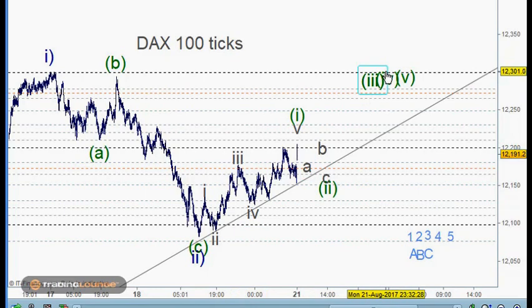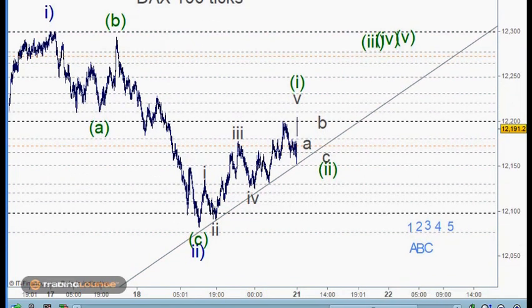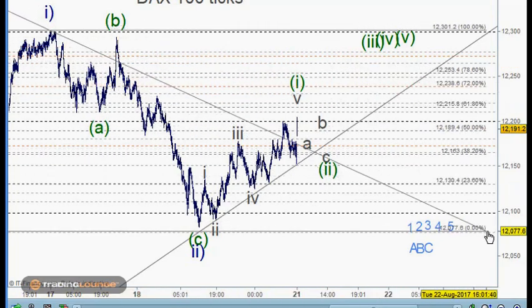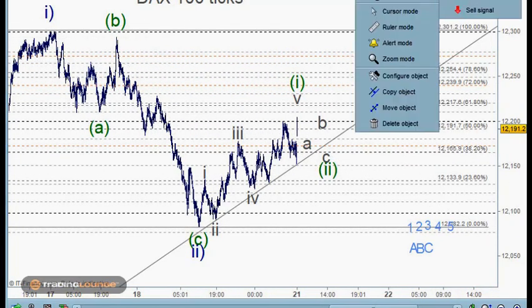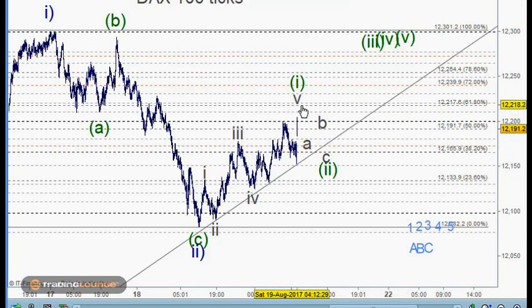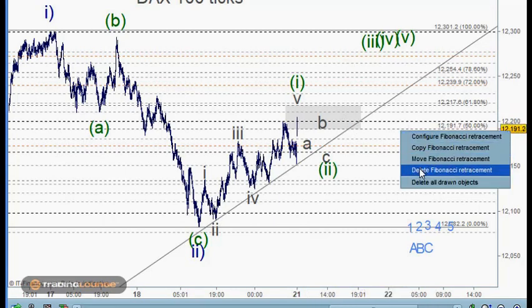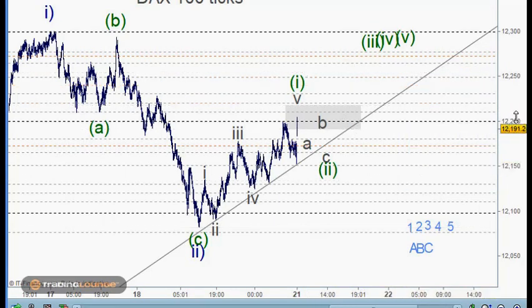As I mentioned a little bit earlier, if we take this high and this low over here, we're going to be looking at a place where the market can stall at the 50-60% retracement level, which also leads us into the 12,200 area.